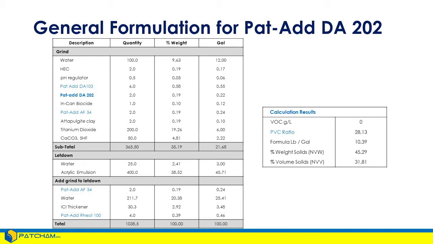The DA103 is the typical methacrylic acid dispersing agent that's used in the architectural industry. The wetting agent DA202 is the alternative to the APE. We chose to use PAT-AD AF34 defoamer and PAT-AD Real 100 thickening agent, our rheology modifier.